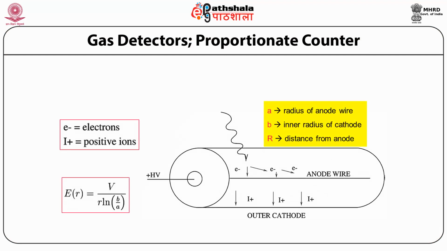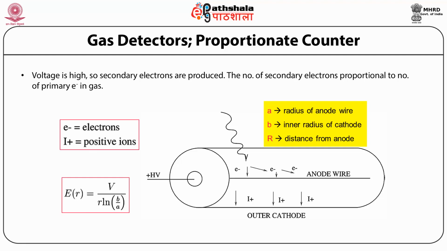Gas detectors, proportional counters. We continue our discussion about the proportional counter. In the proportional region, the biasing voltage is high, so secondary electrons are produced. Due to the high voltage, a high electric field exists between anode and cathode within the detector.